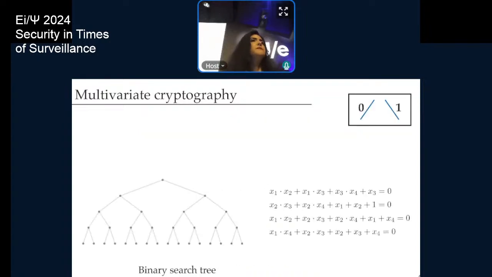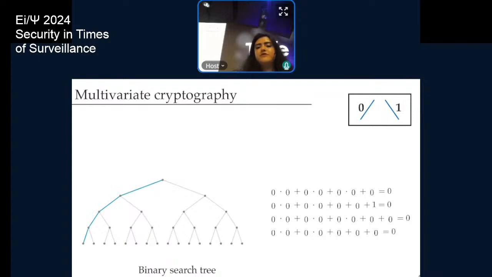The way that you brute force it is the actual brute force that you're familiar with, like the binary search tree, if your system is over the binary field, which this one is; otherwise you generalize that. The way this works is that you give an assignment to all of your variables. So let's say first you assign them to 0, and then you evaluate all of your polynomials and see whether they all satisfy the requirement to be equal to 0.